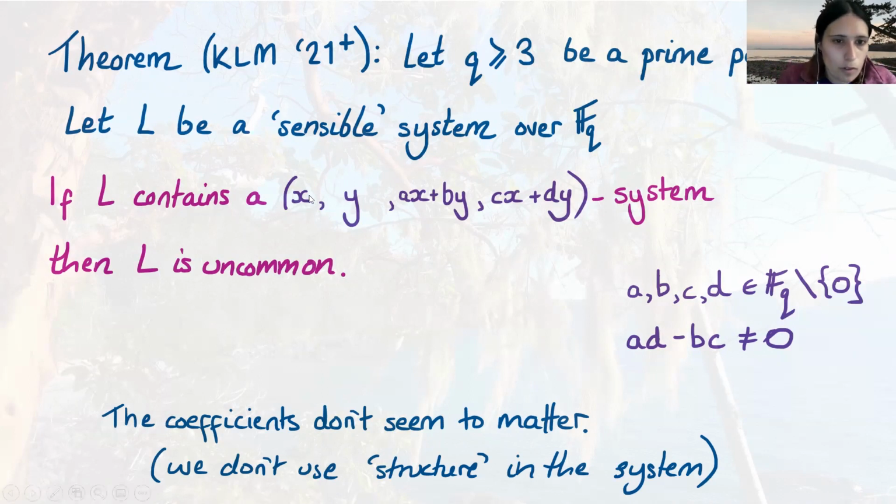We've got all these different systems for which essentially the exact same proof shows that it's uncommon. We don't use any particular structure of the 4-term arithmetic progression other than that it can be written like this, where these a, b, c, d at various points are non-zero. There's nothing special about the fact that our points are irregularly spaced or anything.